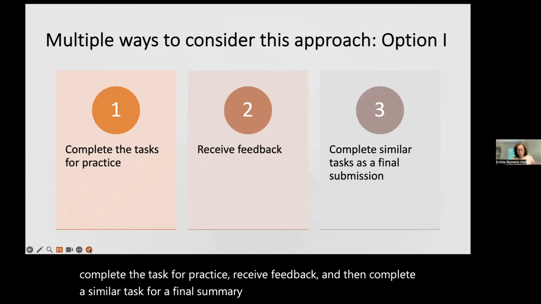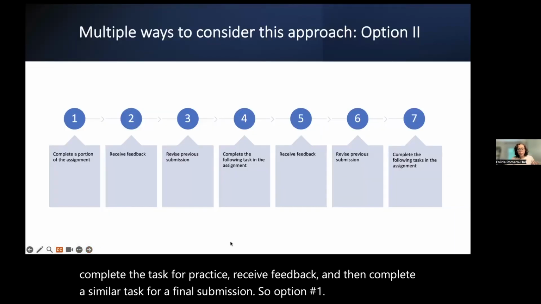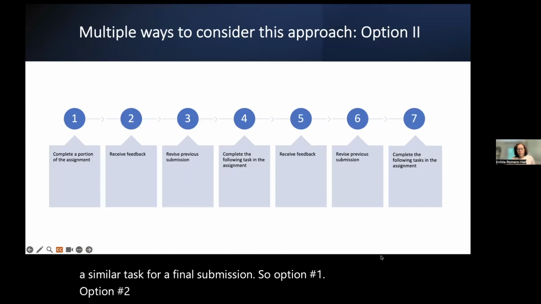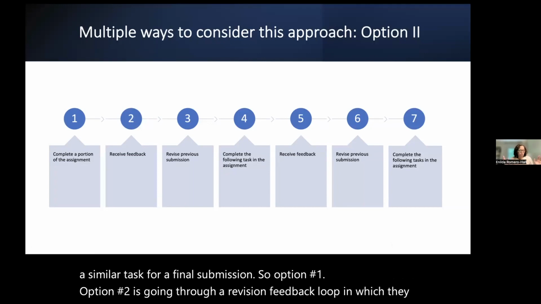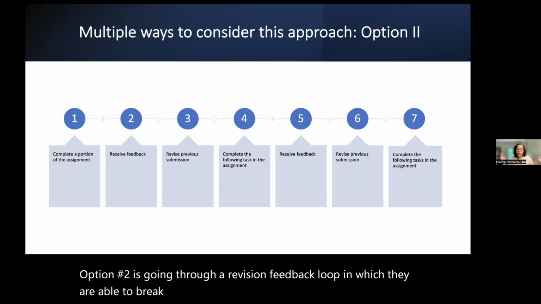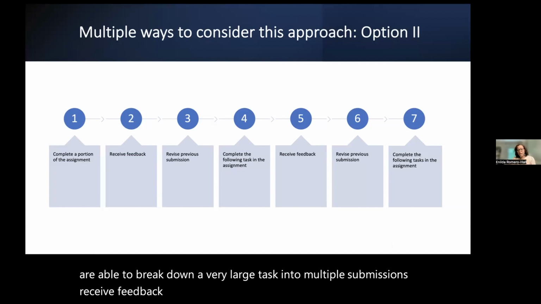So option number one. Option number two is going through a revision feedback loop in which they are able to break down a very large task into multiple submissions, receive feedback, and at the very end have a completed final product.